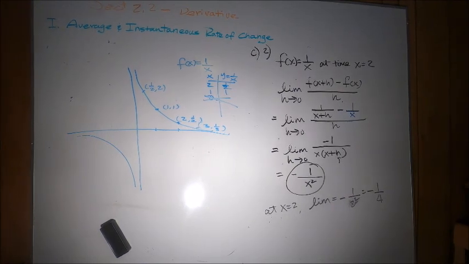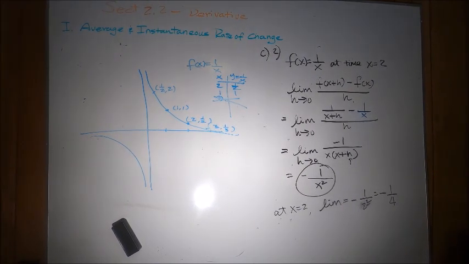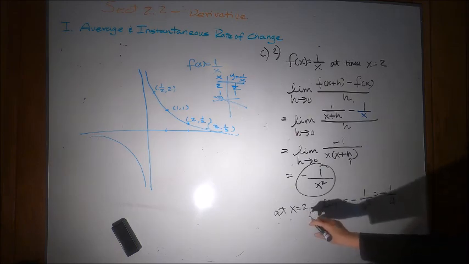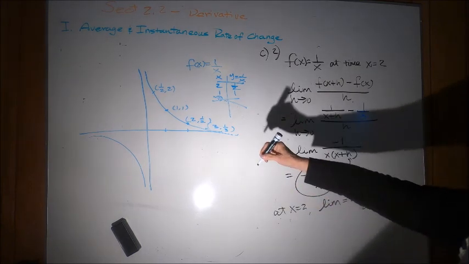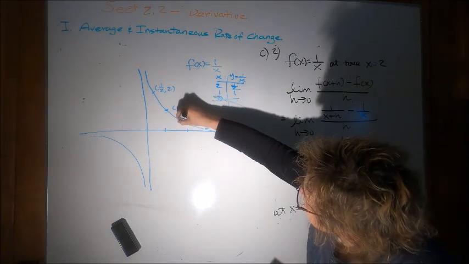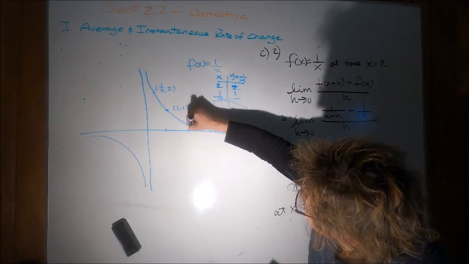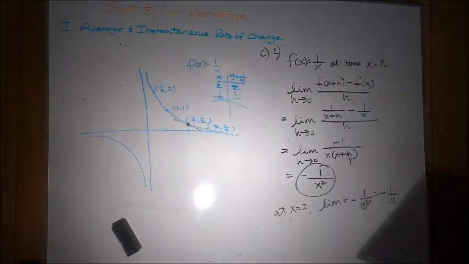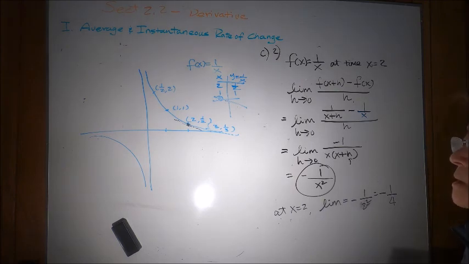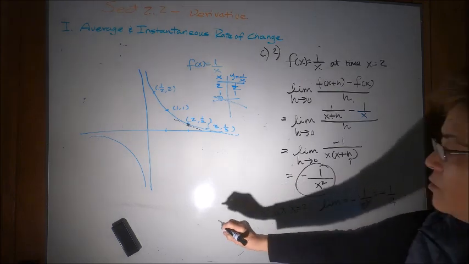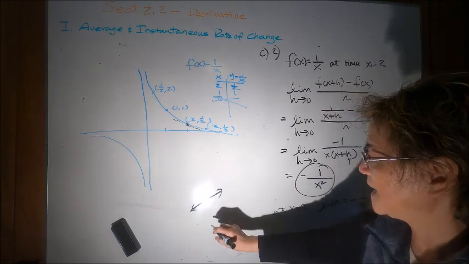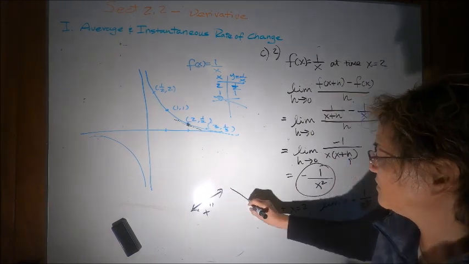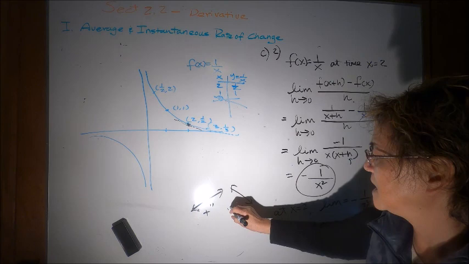So it's saying at x equals 2, the rate of change, the tangent line looks like this. It crosses this point, only touching one point at a time. Then what is the slope? So if the slope goes up from left to right, it's what? Positive. If it goes down, it's what? Negative.